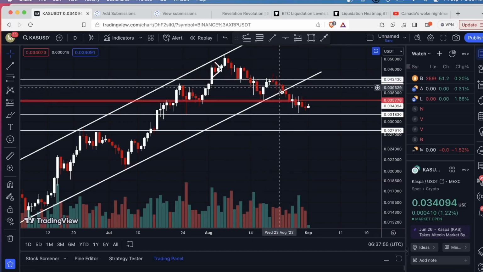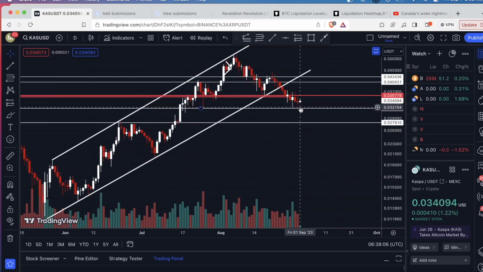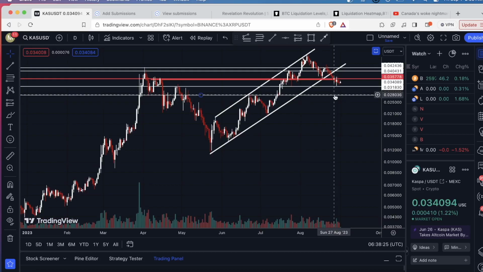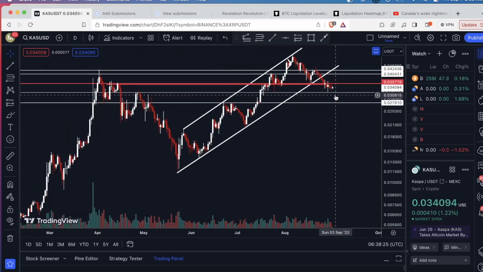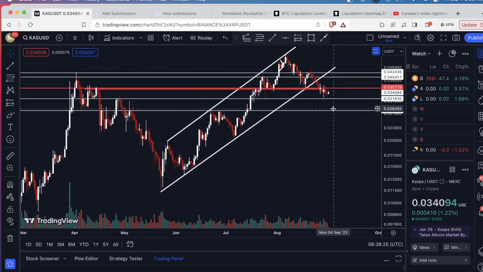But yeah, basically to wrap it up, we are currently at a level of support. And again, if this level breaks down, then I'm going to look to the next level down here, which I kind of think it's going to make its way down here if Bitcoin drops a little bit further. And that's around 0.028015. And this level here is where I'm personally going to look for a potential long entry, but pending a good daily close, candle bodies closing above this line.